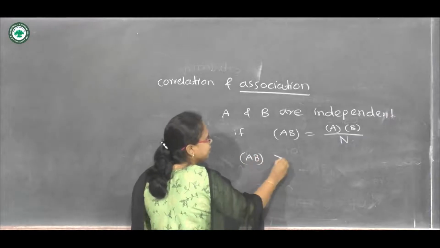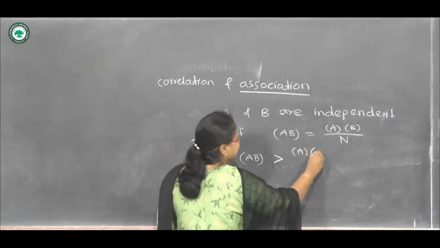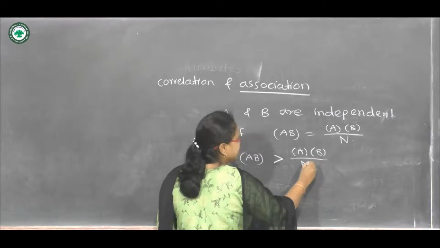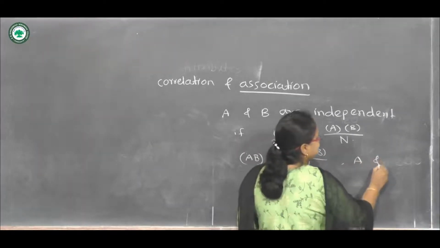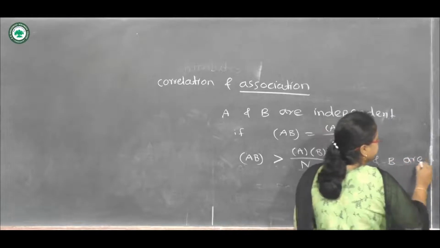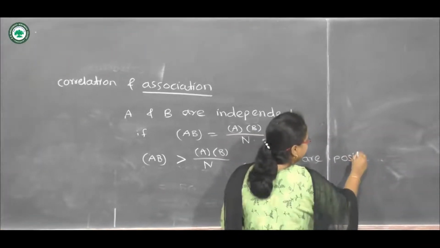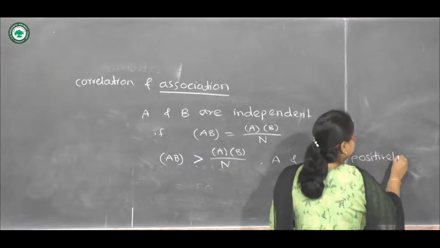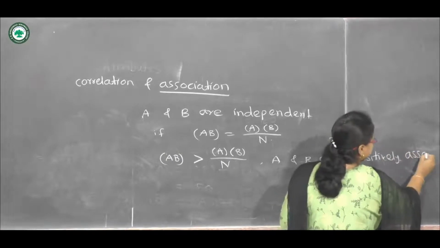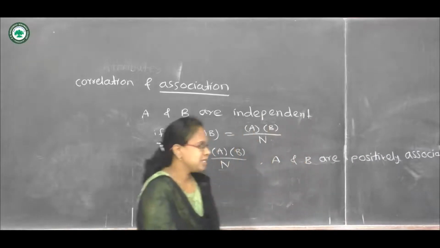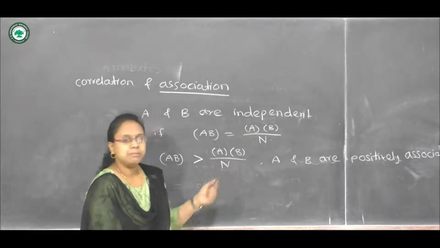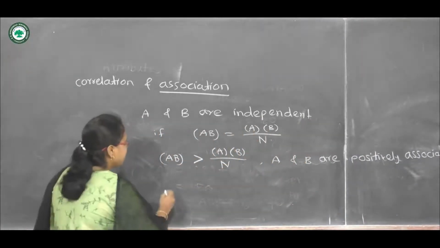If (AB) is greater than (A)(B) upon N, then we say that A and B are positively associated, or we just say that they are associated.